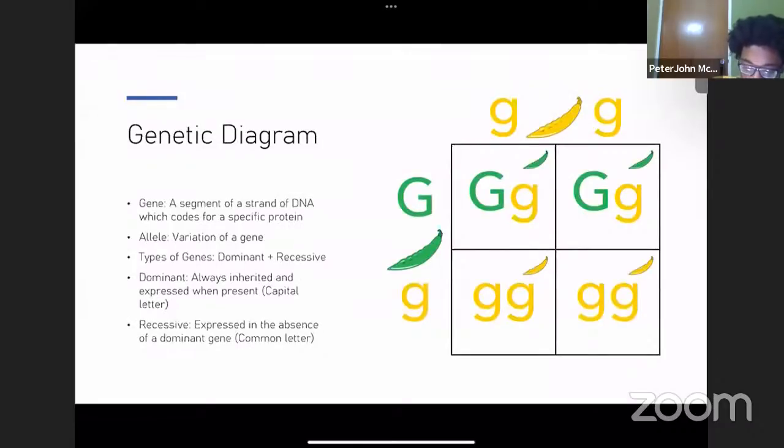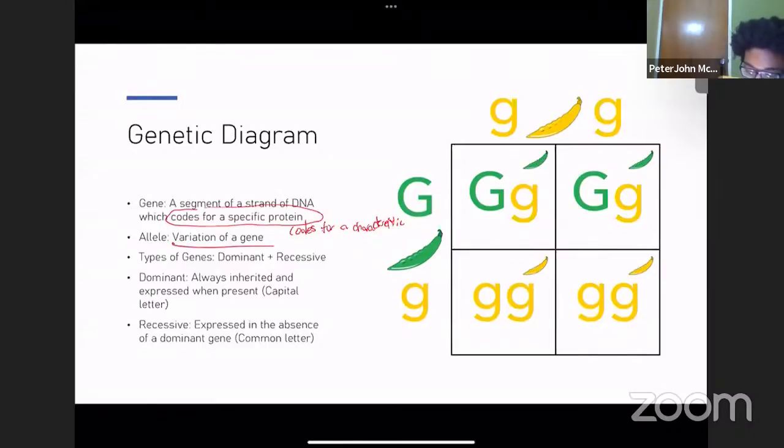Genetic diagrams. Again, a gene is a segment of a strand of DNA which codes for a specific protein. Coding for a specific protein is the same thing as coding for a characteristic. An allele is a variation of a gene.